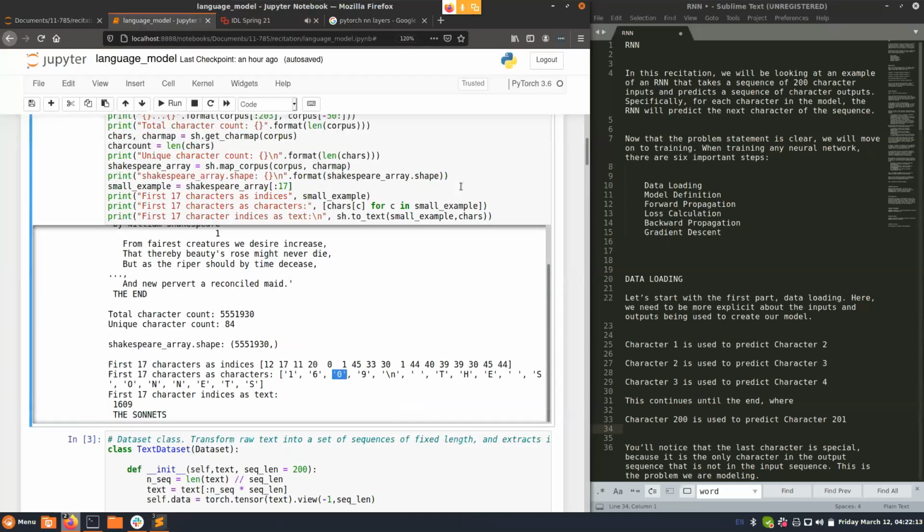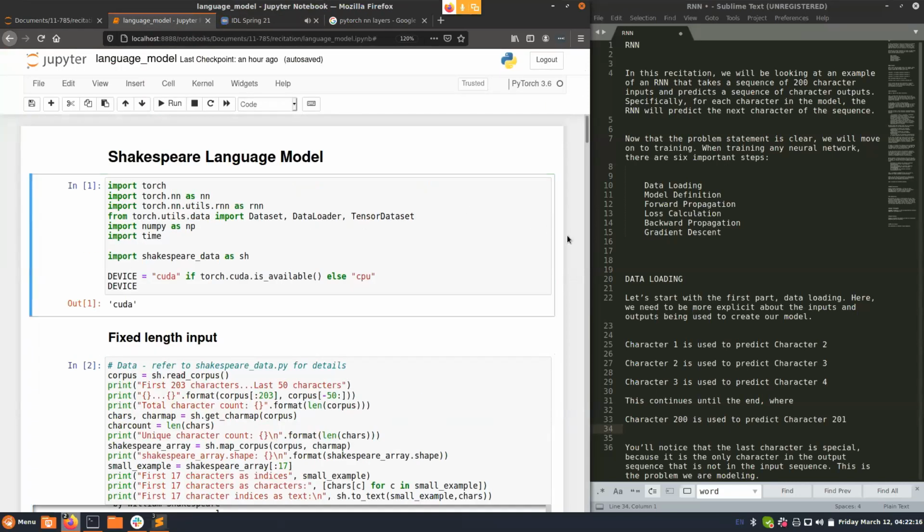So basically, as is tradition, we're going to be going over some of the core components of how to build a language model with an RNN. Specifically for this problem, we'll look at how to take a sequence of 200 characters and predict an output sequence of 200 characters.